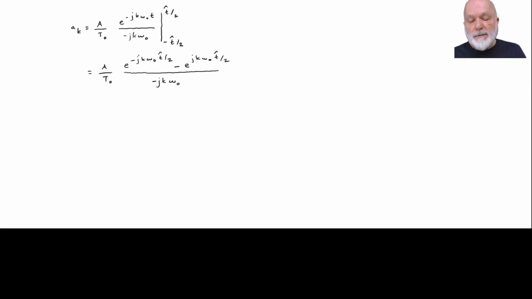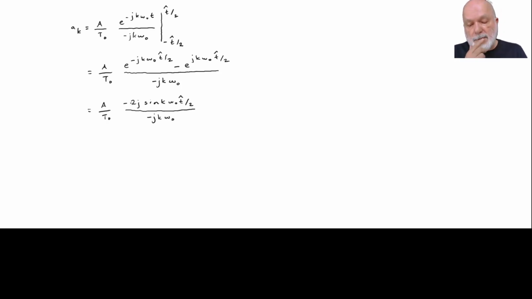Now, if we look at the expression in the numerator, we see that it is related to the sine function. In fact, it is equal to A over T0. What is it equal to? It is minus 2j sine(k omega 0 T cap over 2) divided by minus jk omega 0.